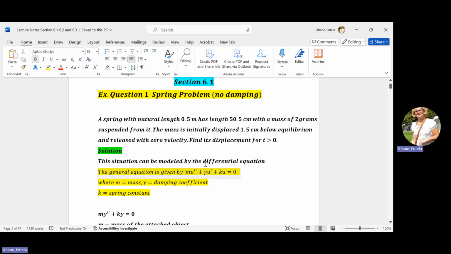If the second term is not present in the given equation, that means it's a no damping case. And k is the spring constant, which will be computed using Hooke's law.